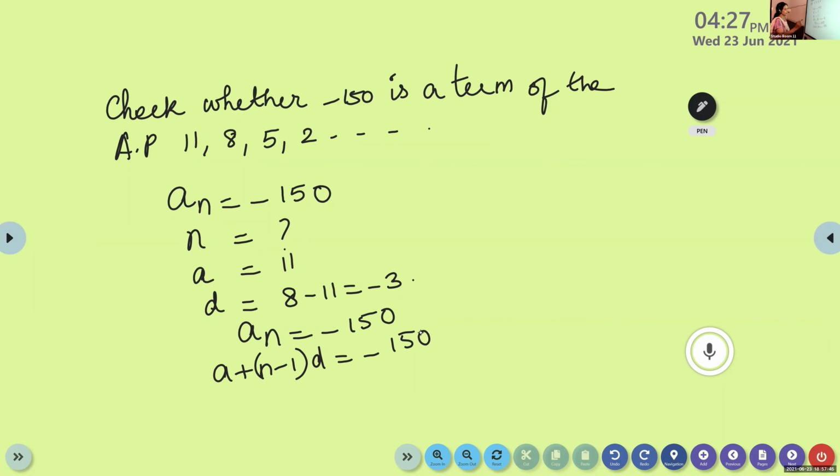Substitute the value of a, which is 11, plus n minus 1 into d, where d is minus 3, equals minus 150.